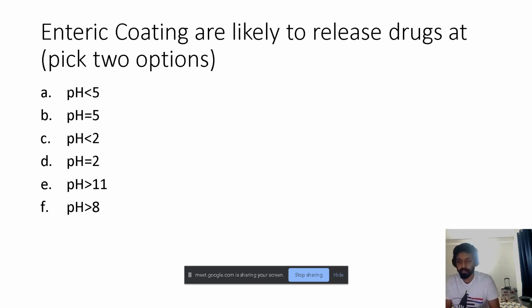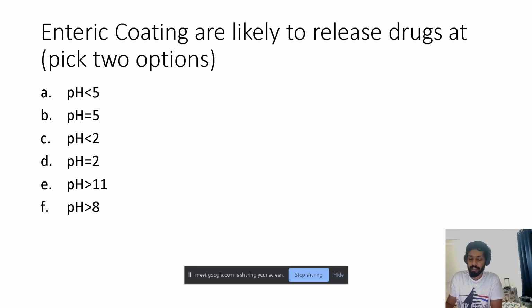Okay, so this question I guess we discussed briefly last week as well. I've talked to Rachit as well. He's also of the opinion that pHs greater than 11 and 8 are the correct options. I guess someone was raising a doubt, so I don't know if you've raised the doubt in the forum. If not, please do raise a doubt in the forum, and people will get back to you. But the question reads: enteric coatings are likely to release drugs at what pHs?